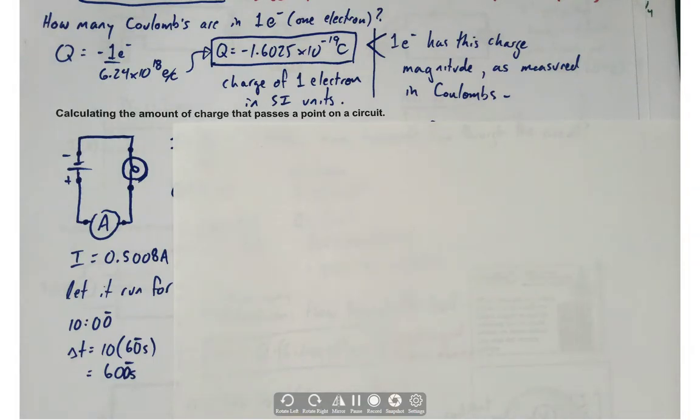So not quite the same current as the one on the previous page, ever so slightly more, and I'd like to run it for 10 minutes. Well, 10 times 60 seconds means 600 seconds have gone by. I'm going to say that the 0 on that 60 is a significant value, so right up to that last 0 is significant. So 600 seconds go by, and all the while, 0.5008 amps are running through it.